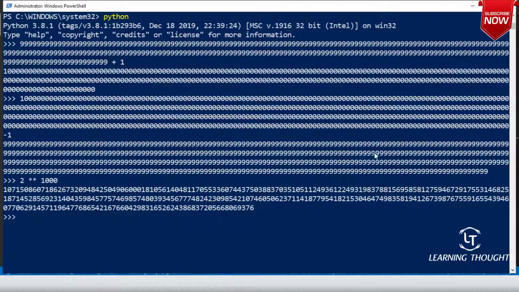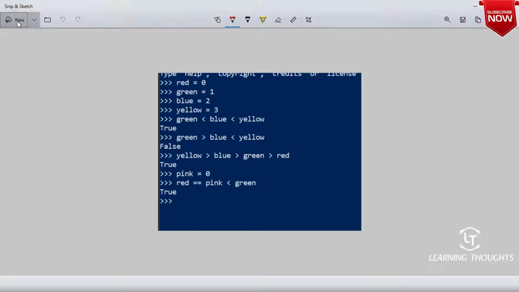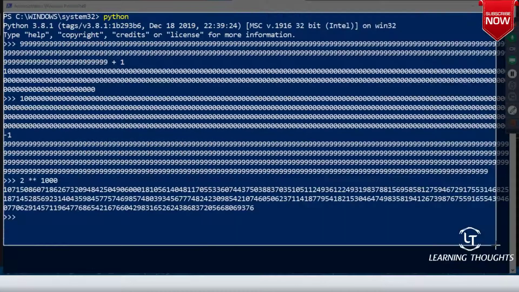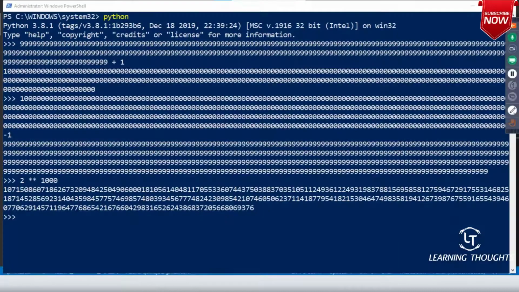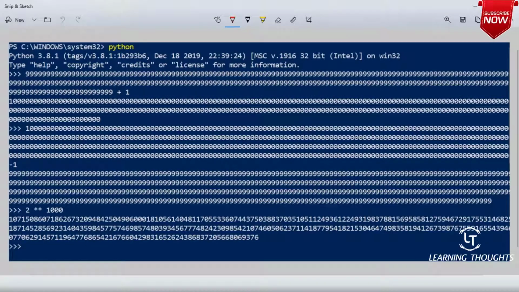Is Python able to do integers with unlimited precision? Yes or no? Are these huge numbers? Yeah, good. So if you want to use Python for large calculations also, you can do it without worrying about data types. That's the moral of the discussion which I'm having right now.